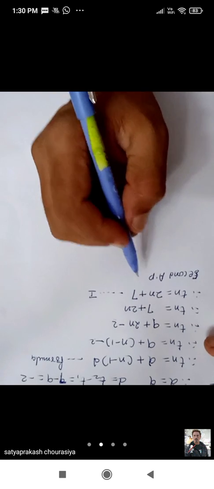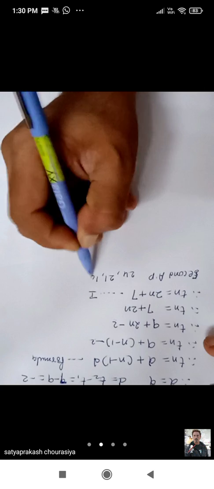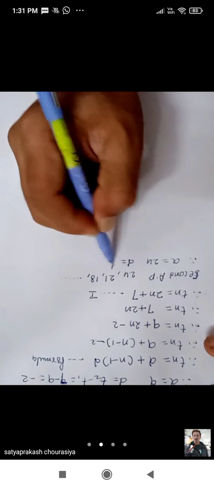Similarly, for the second AP, given as 24, 21, 18 and so on. Therefore the A value is 24 and the D value is T2 minus T1, so this is 21 minus 24, which is minus 3.